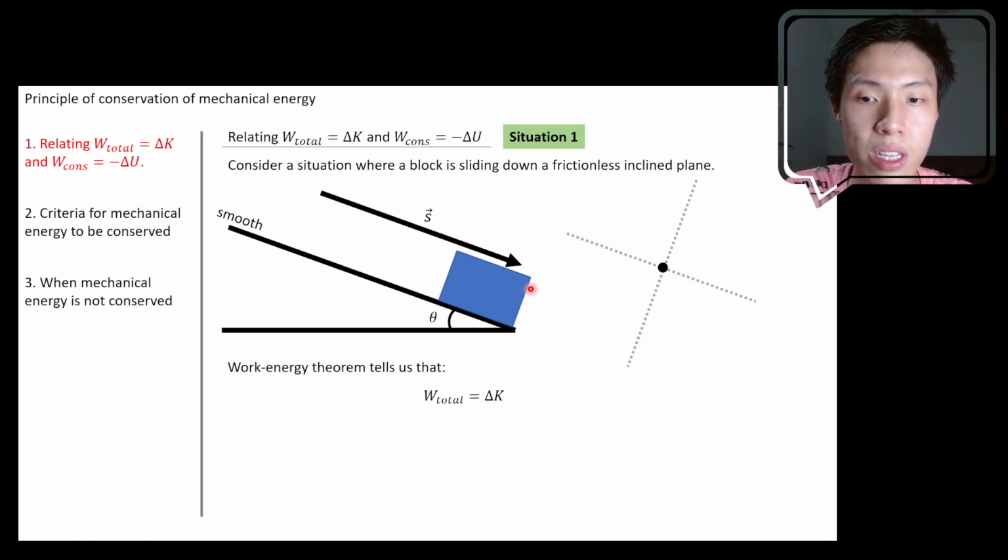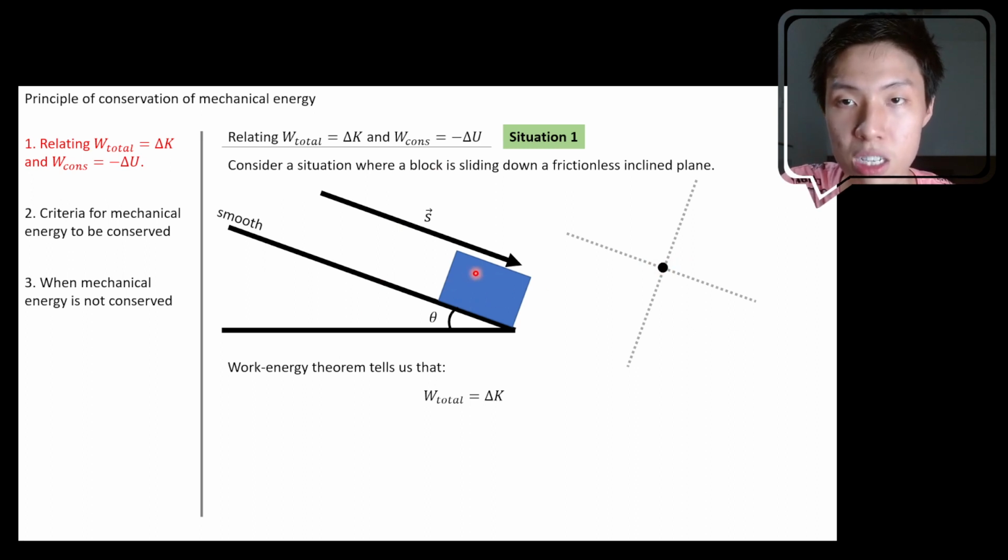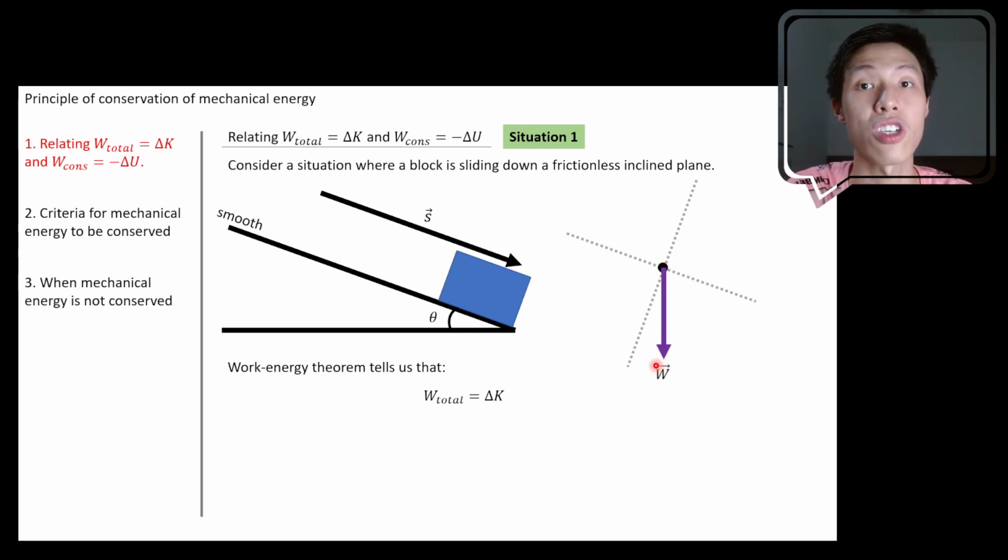Our free body diagram will be inclined. One axis is parallel to the inclined plane and one axis is perpendicular to it. This dot represents the block, our object of interest. The block has mass, so it has a weight, which is the gravitational pull exerted by Earth on the block.